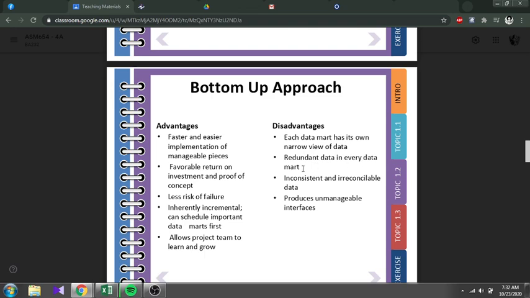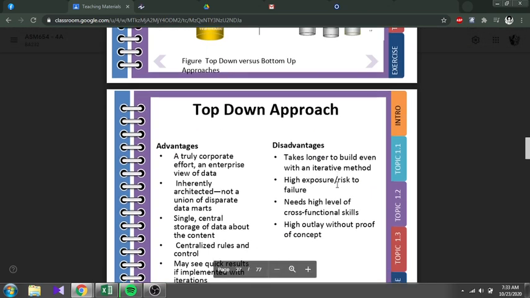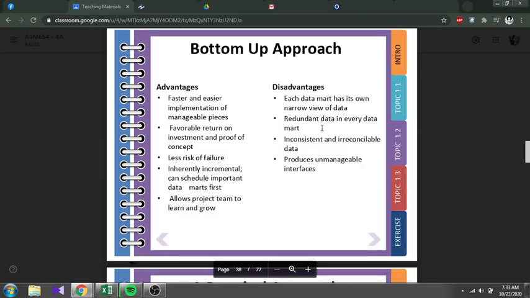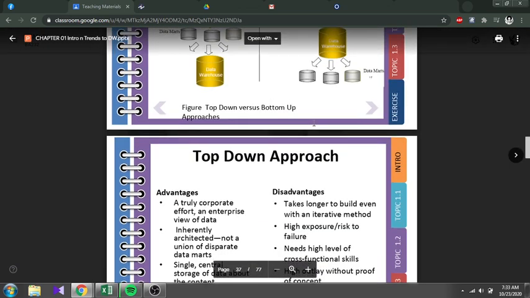Redundant data in every data mart. Okay, betul lah. This is bottom up. This one is top down. Redundant data in every data mart, inconsistent, irreconcilable data, produce unmanageable interface. Okay, that's about disadvantages and advantages.